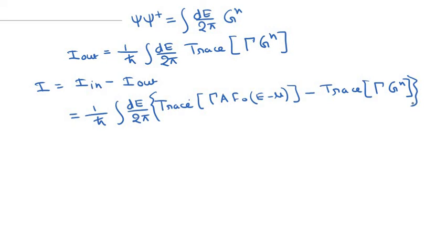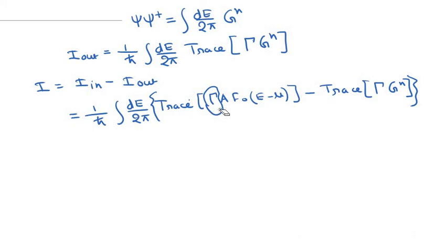Okay, this has a very nice significance. Let me discuss the intuitive aspect of this equation. So gamma is basically related to the rate at which electrons flow from the contact into the channel or from the channel into the contact. This we have discussed earlier, that gamma is related to the imaginary part of the matrix sigma, and it is related to the rate at which electrons can leak from the contact into the channel or from the channel into the contact.